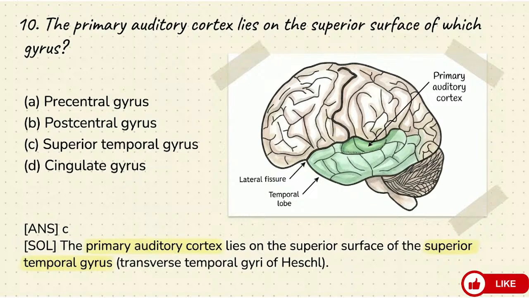Then, question number 10. The primary auditory cortex lies on the superior surface of which gyrus? It is for auditory hearing. These are the typical questions from the brain; in various exams, you will find these typical questions.